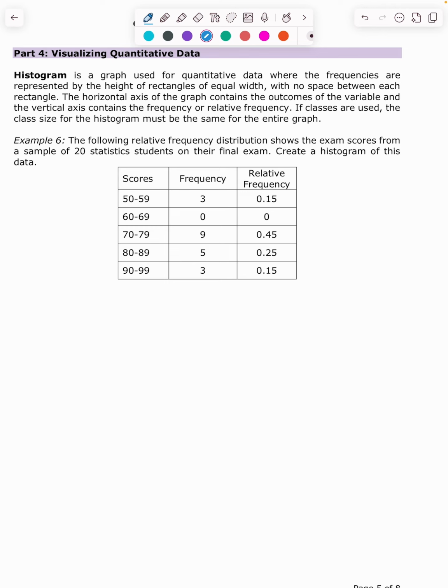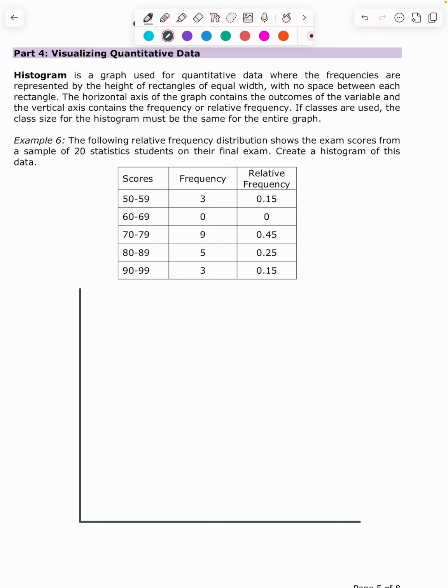So this is going to start pretty much the same as our bar graph. I'm going to start with a horizontal and a vertical line. I actually did my vertical line first, and I want to make these nice and straight. Luckily, my tablet tells me when it's straight.